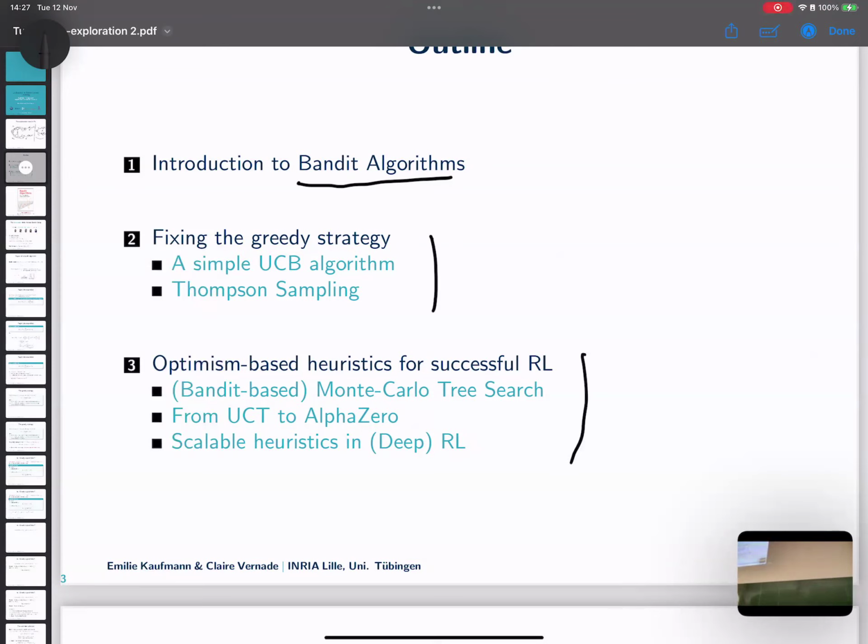But perhaps it's interesting for you as well to see how we can use these principles in reinforcement learning to do exploration. So I will talk about AlphaGo and AlphaZero, which are algorithms that build on these upper confidence bound algorithms. And I will quickly go over other ideas in general in reinforcement learning and deep reinforcement learning that use these exploration principles to improve exploration.